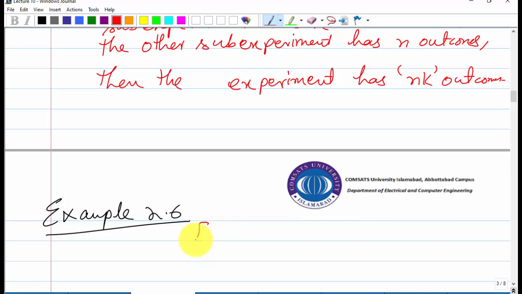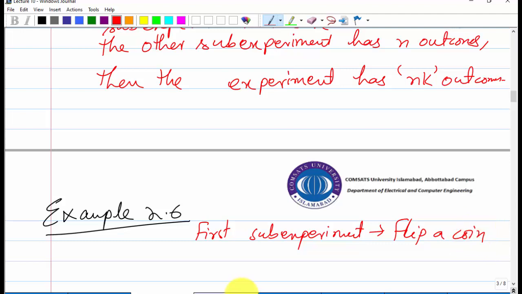The first sub experiment is to flip a coin. When we flip a coin, we can get either head or tail.